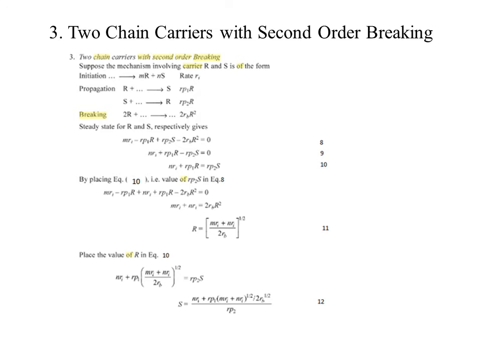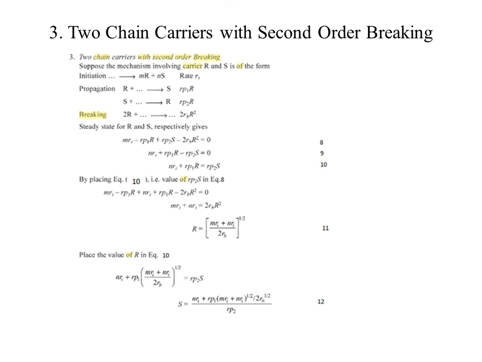Rp1R and Rp1R will cancel each other, then the equation becomes 2MRi minus 2Rb R square equal to 0, or we can rewrite, MRi is equal to Rb R square.